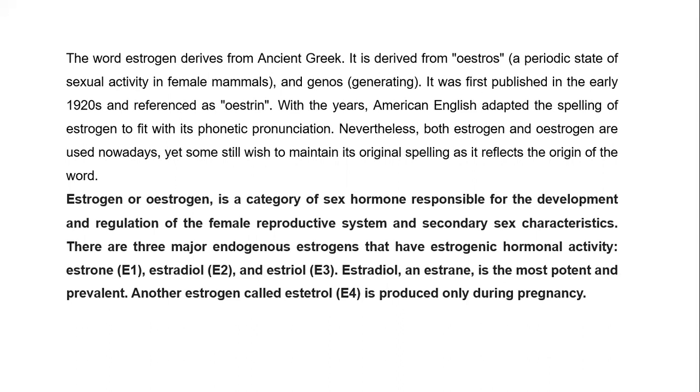Here is a brief history of estrogen and how the word evolved. It evolved from oestrus and genus. Oestrus means a periodic state of sexual activity in female mammals, while genus means generating. So the word estrogen is derived from these two words. It is also referred to as oestrine, and somewhere it is still used as oestrogen.